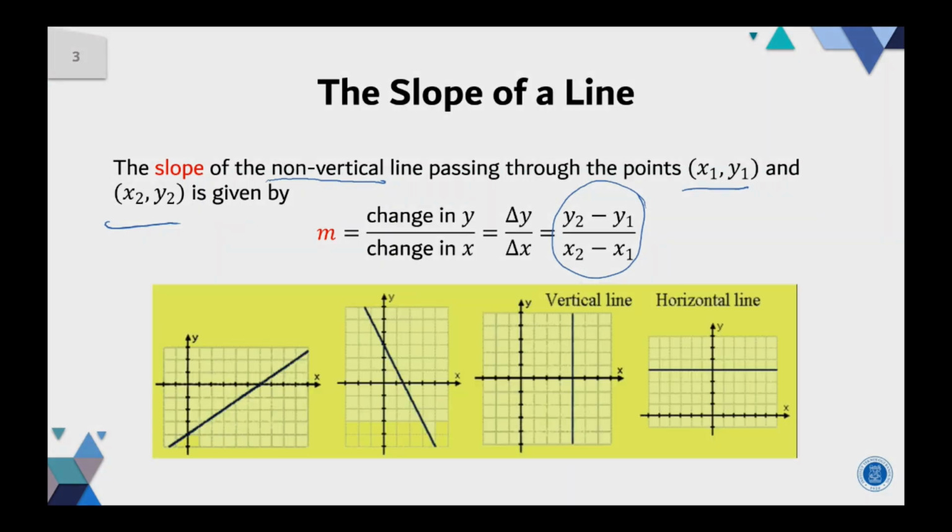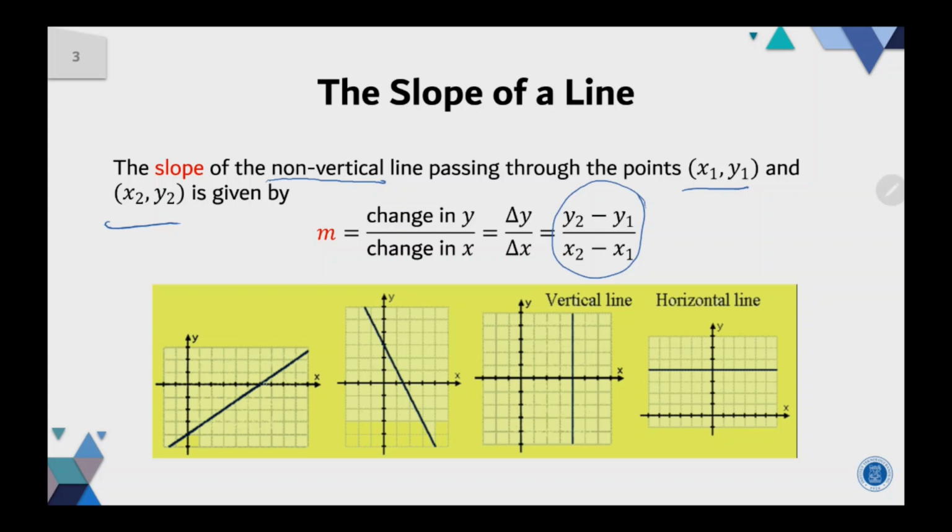Okay, so let's see these 4 examples. The first one, we have a line which increases.